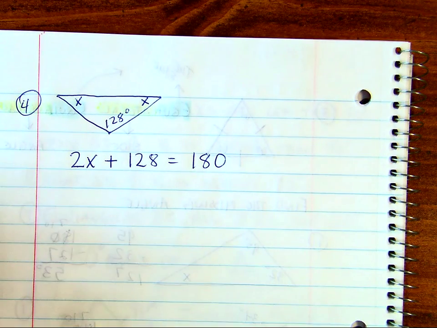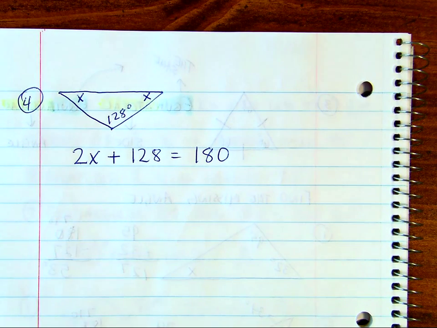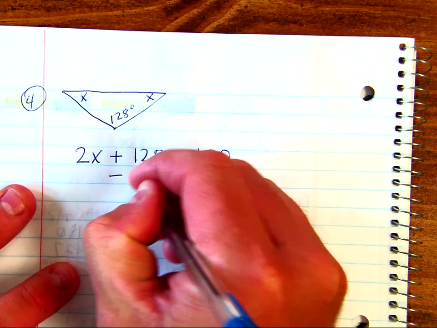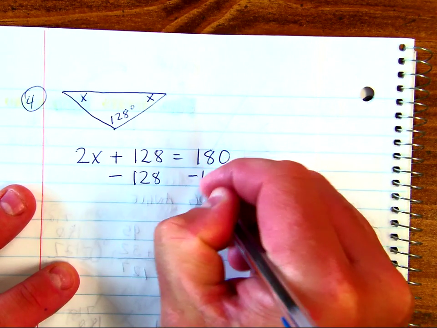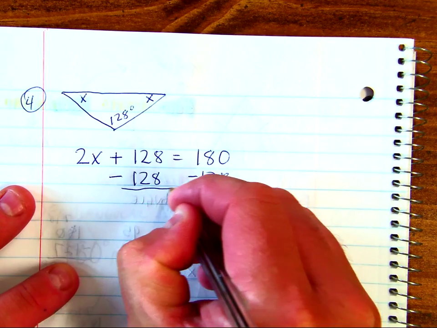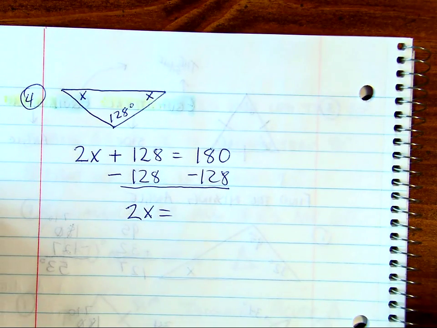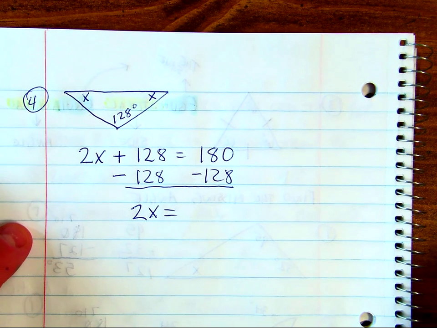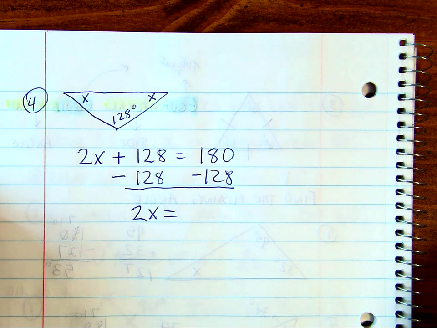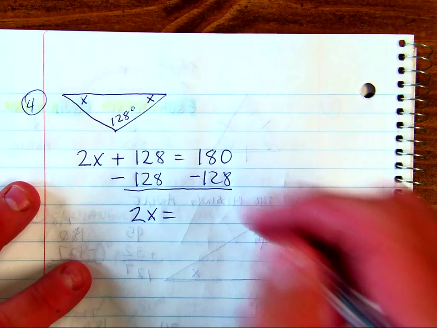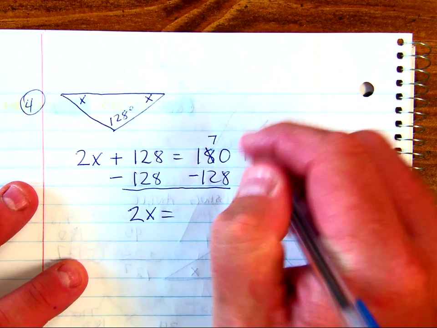What do we do from here? Starts with an I. Inverse, good. And 180 minus 28 is 52.